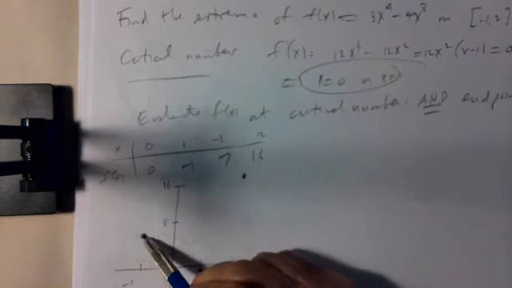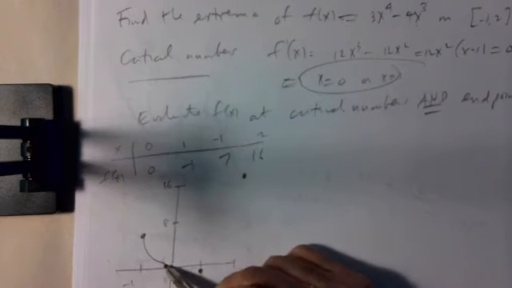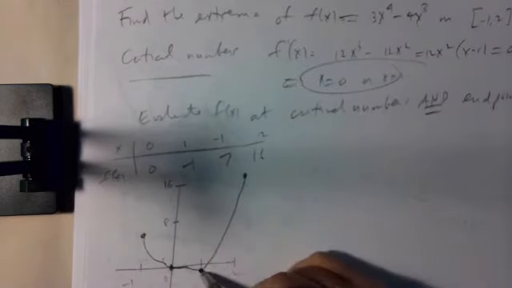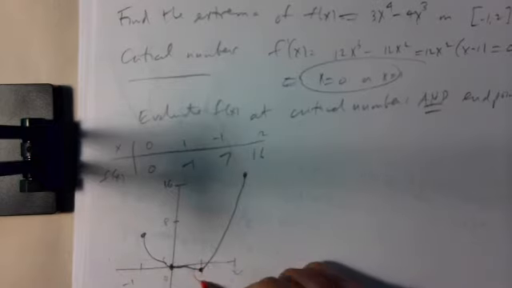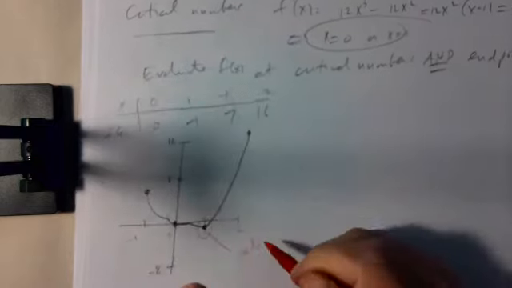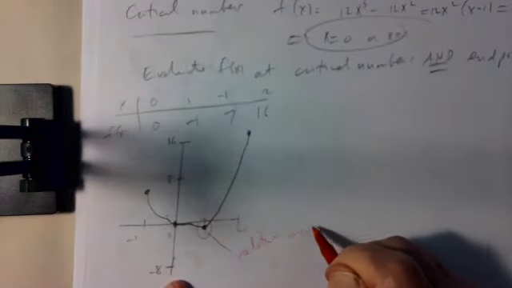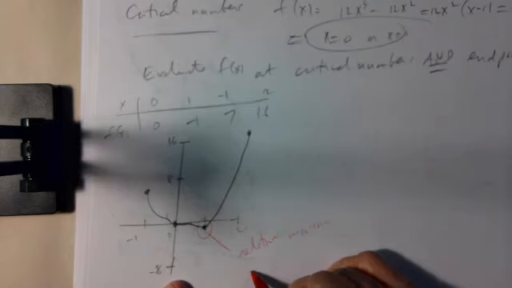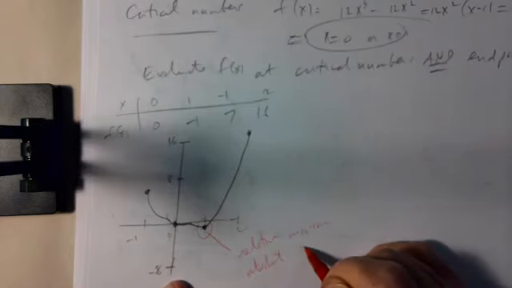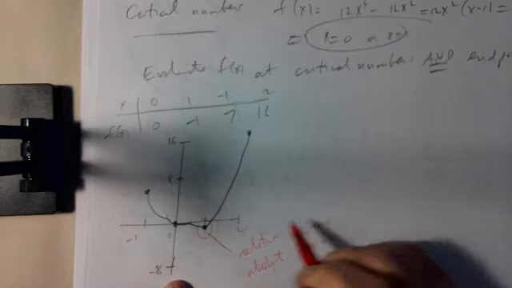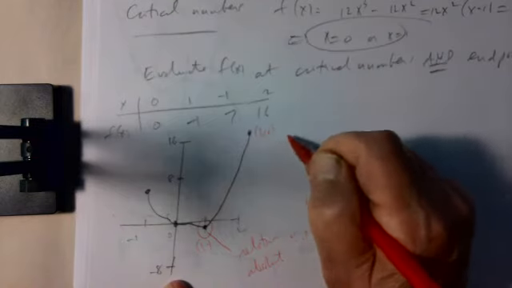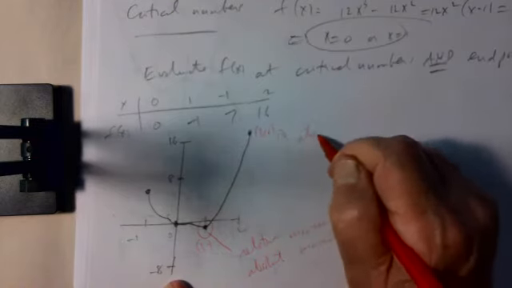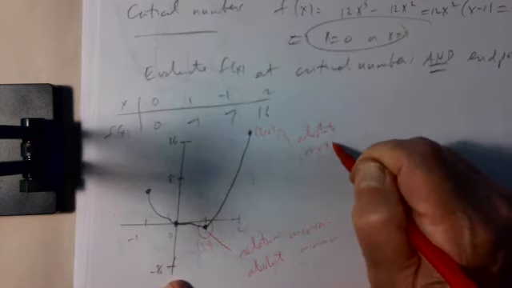And the graph of the function looks something like this. If you look at this, you see this is a relative minimum, and it's also the absolute minimum. That's the point (1, -1). And this point (2, 16) is the absolute maximum.